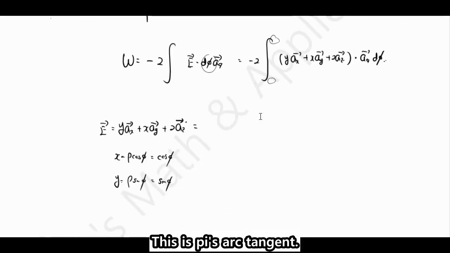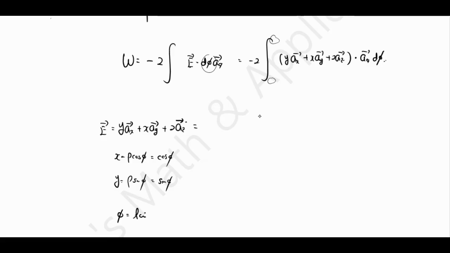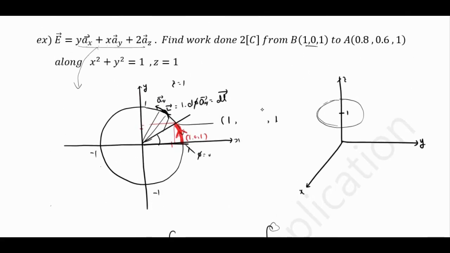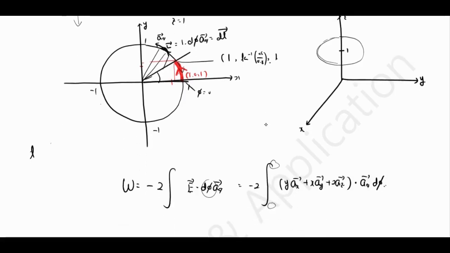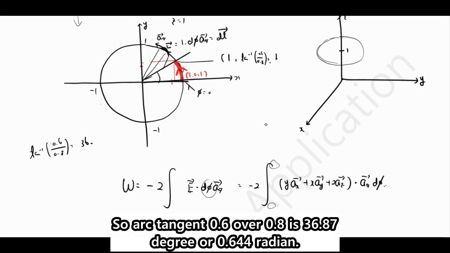The phi is the arctangent of y over x. Y is 0.6, x equals 0.8, so the arctangent of 0.6 over 0.8 is 36.87 degrees, or 0.644 radian.